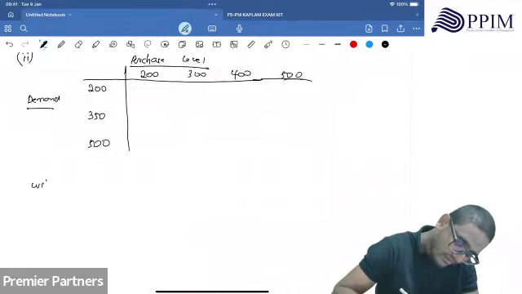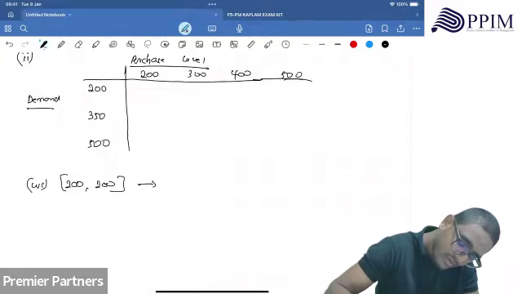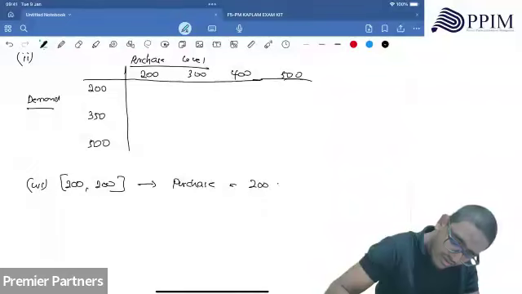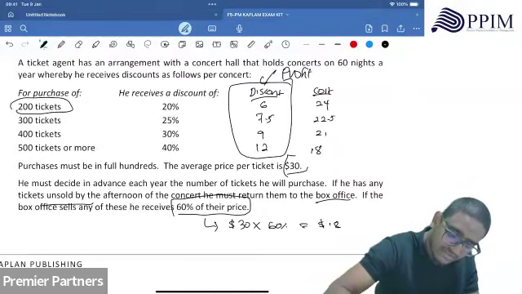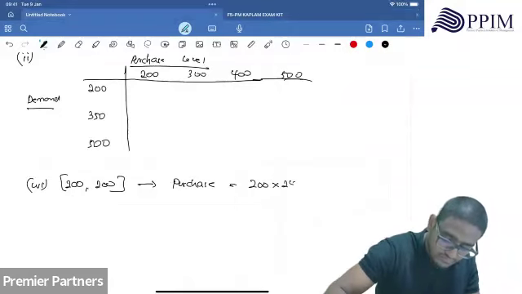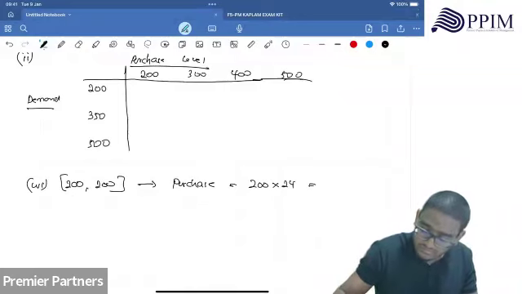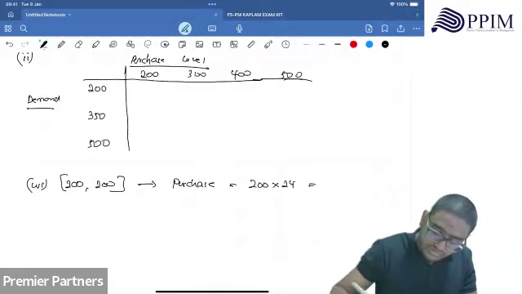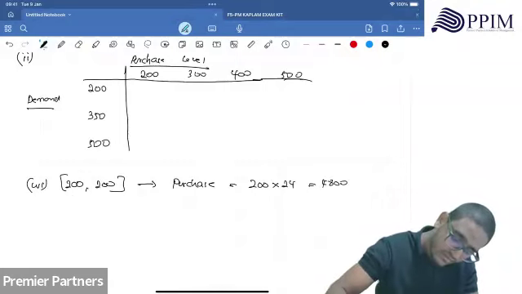So we can do a small working. I have a purchase level of 200, my demand is 200. Purchase of tickets, 200 into the purchase cost I gave you, 24.